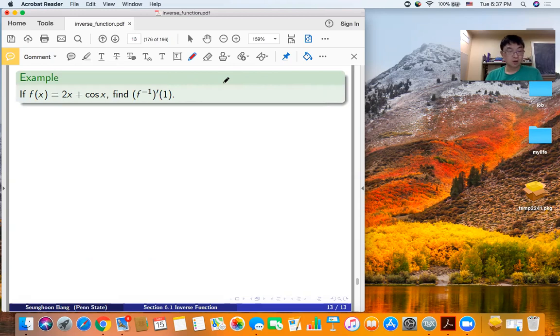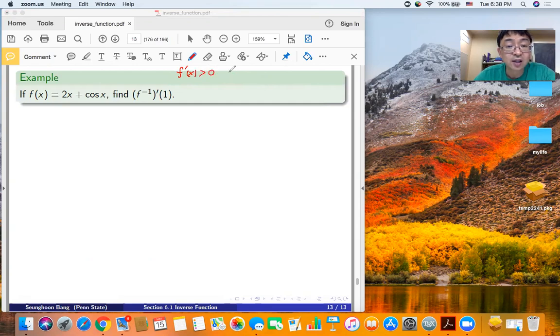How can you know that? I want to use one result from Math 140. Do you remember the increasing, decreasing test? If f prime of x is positive, what's the conclusion? Function f is increasing.